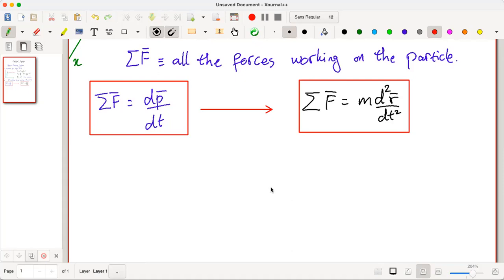effectively describes real systems. For example, if you want to describe the motion of the Earth revolving around the sun, we can model the Earth as a point particle. Obviously, the Earth is not a point particle, right?